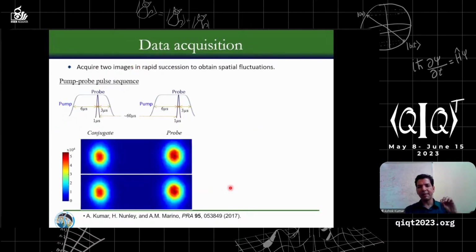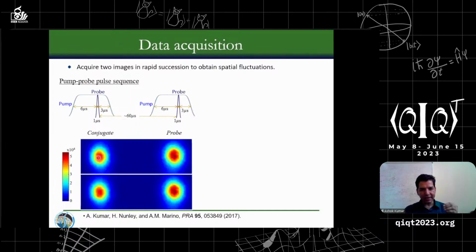And this EMCCD camera we use in a fast kinetic mode where 2 frames are acquired. 2 frames of, this is conjugate, this is probe. These beams are acquired in an interval of about 60 microseconds actually.